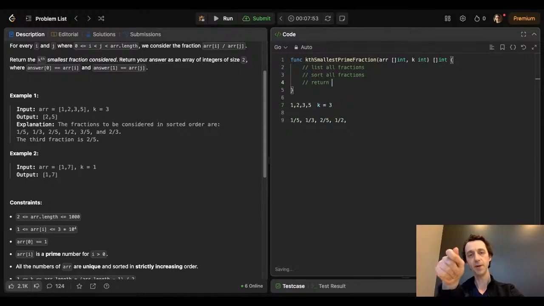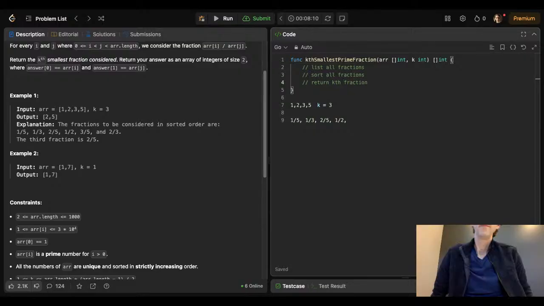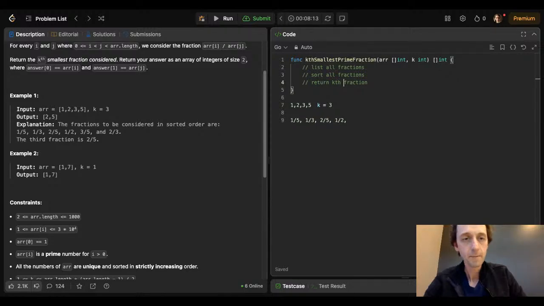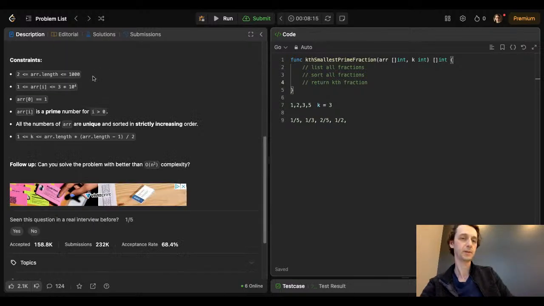Well, we'll have 2 numbers, so we'll just return those numbers. The k-th fraction, yeah. But that's n squared. I mean, it's going to run.